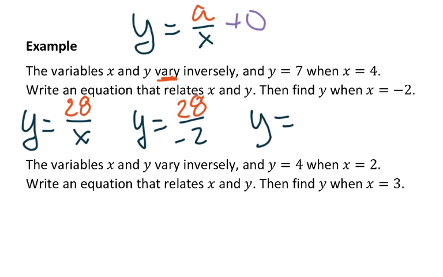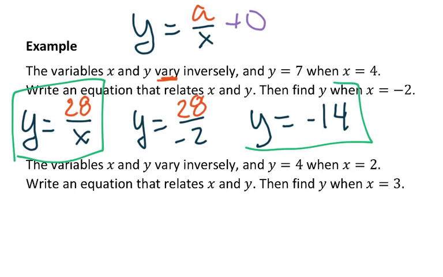Y is equal to -14. So this is the equation that shows the relationship between x and y, and this is the value of y when x is equal to -2.